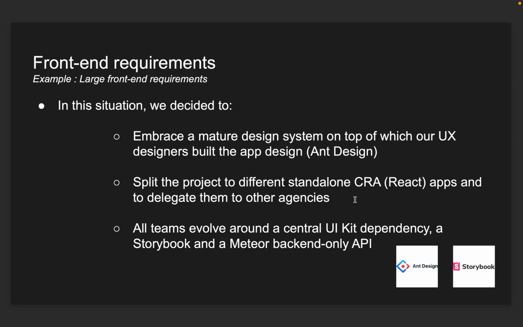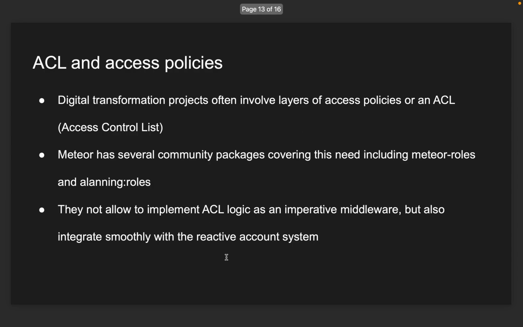They will just develop the React app, and we focused only on the Meteor part. But all the teams had, of course, a shared UI kit and a storybook to make sure that all the UIs are the same. And Meteor was used just as an API. We only have a set of pages in Meteor for administration and configuration for the admins.